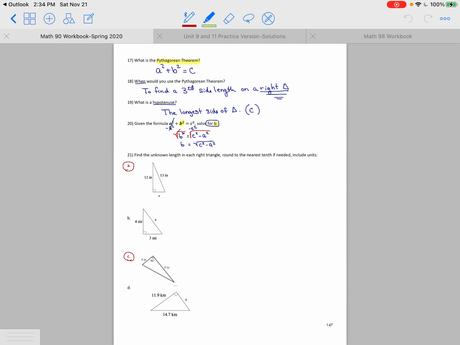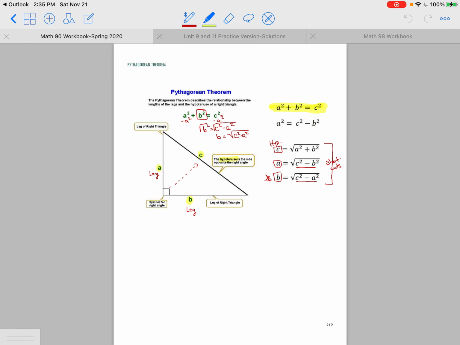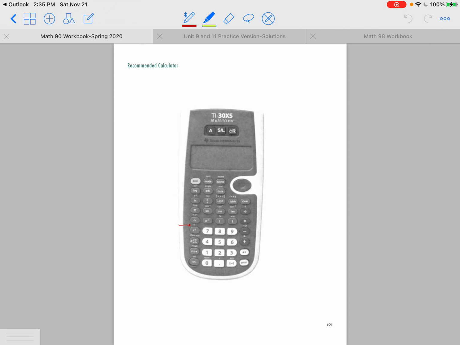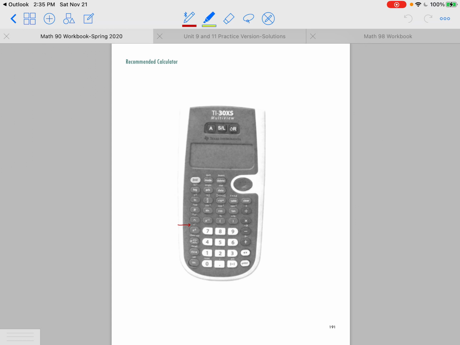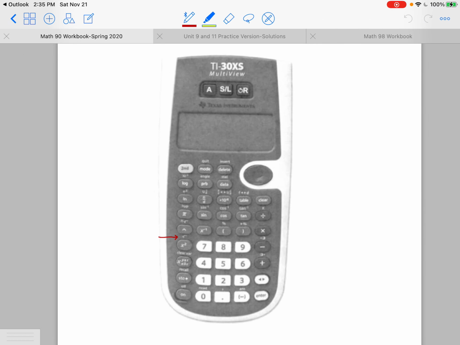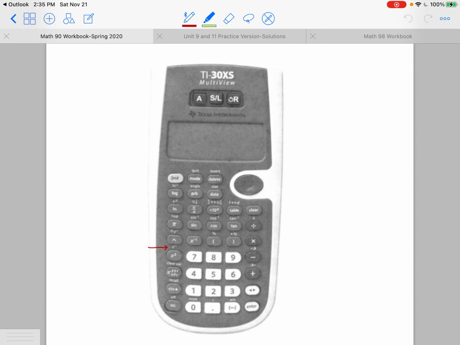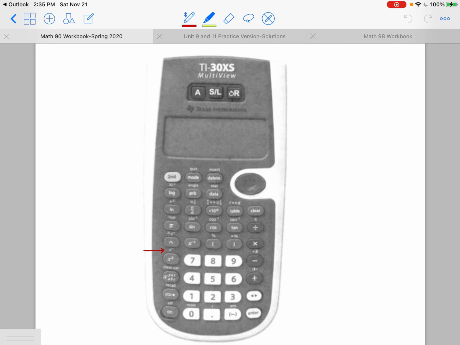Actually, maybe before I do that, sorry guys to go all over the place, I'm going to go to this diagram of a calculator. This is also in the back of your workbook. Mine shows it's on page 191. Depending on which edition of the workbook you have, it may be shifted a bit, but you can look in your table of contents.